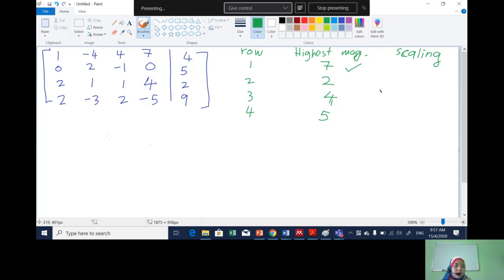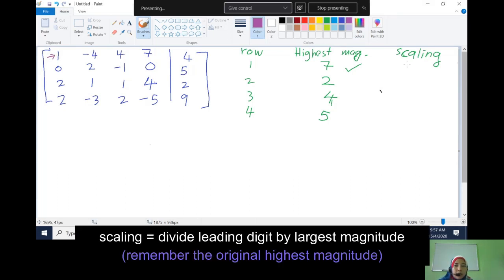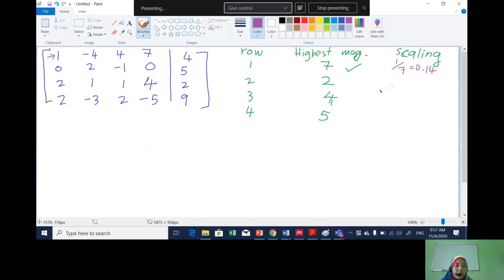For row number 1, the leading digit is 1, so the scalar will be 1 divided by 7, which is 0.14. For row number 2, the leading digit is 0, so the scalar is 0 divided by 2, which is 0.